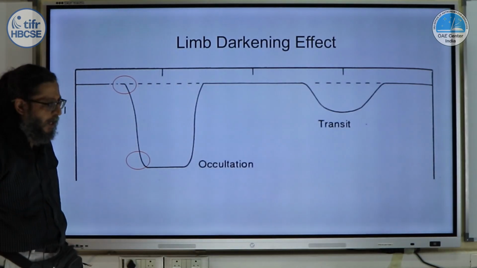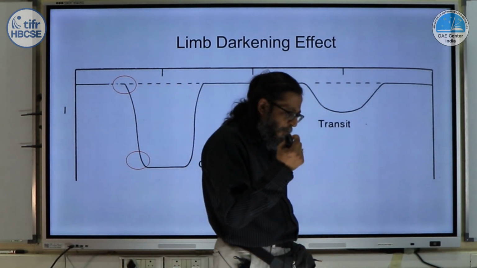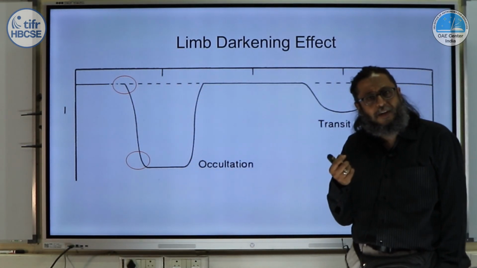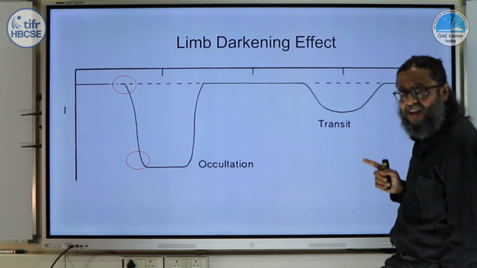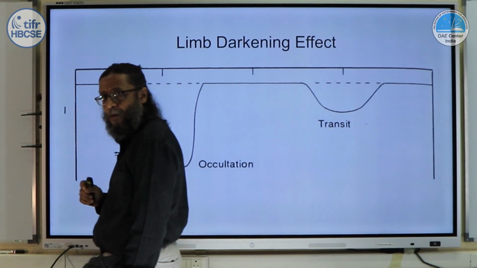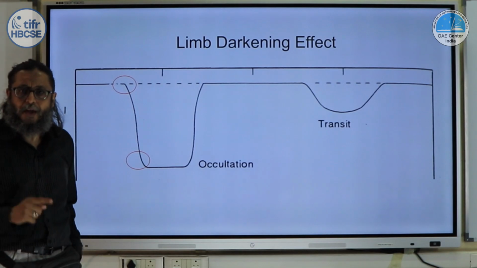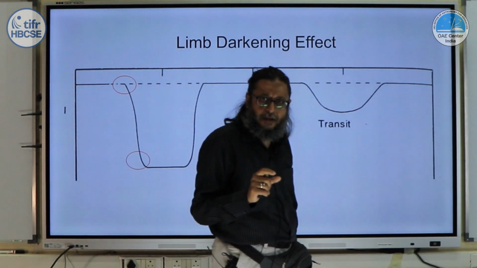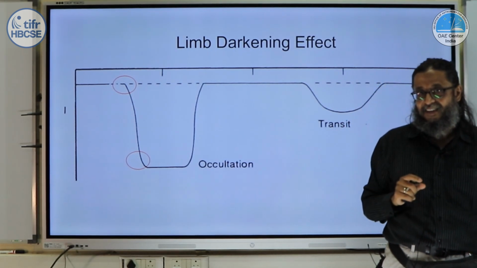Okay, now we will talk about a few very, very important effects that you see in an eclipsing binary, which you do not see if you do not have the eclipsing effect. One is the limb darkening effect. You might have come across the term limb darkening in connection with the flux observed from the sun.